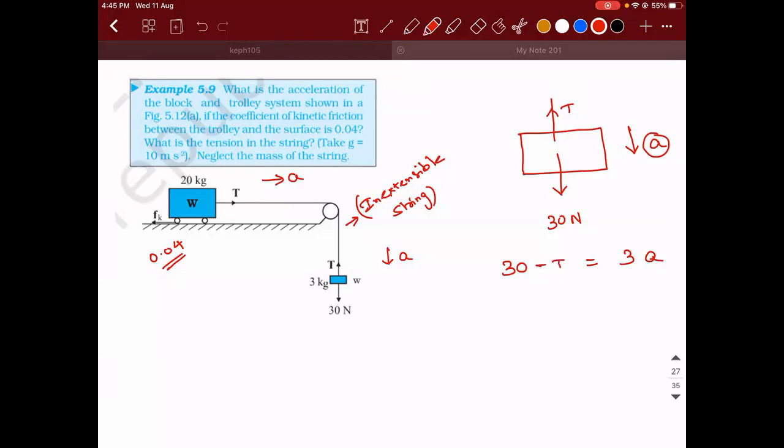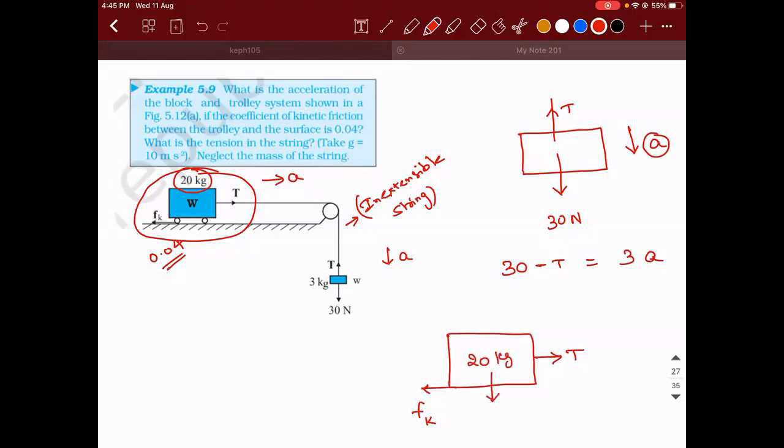Similarly, what is happening here? For the trolley, tension is in this direction. Frictional force is in this direction. And what is the weight of the trolley? Mass of the trolley is 20 kilogram.